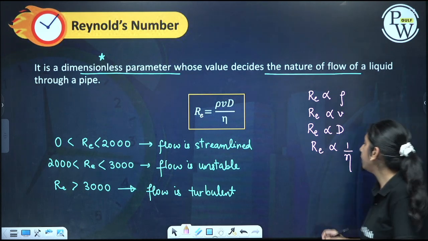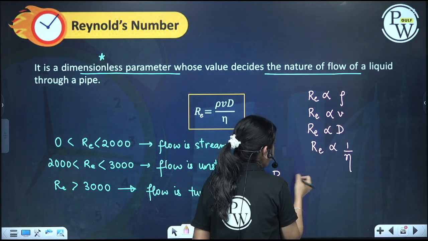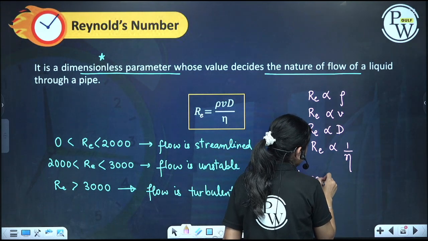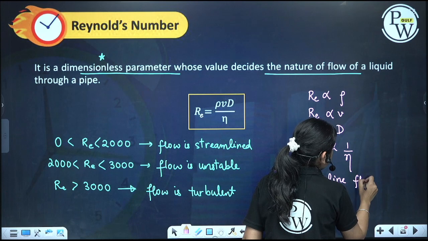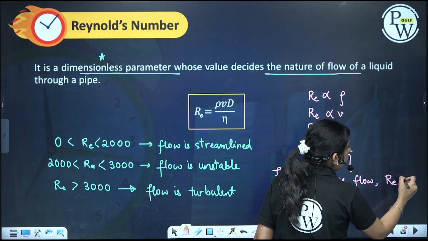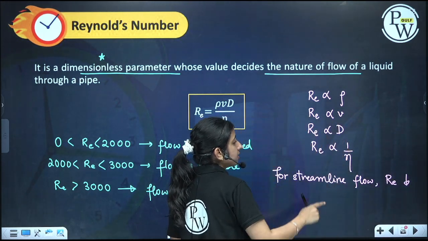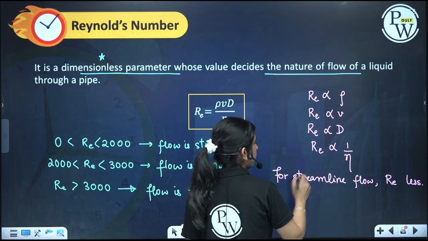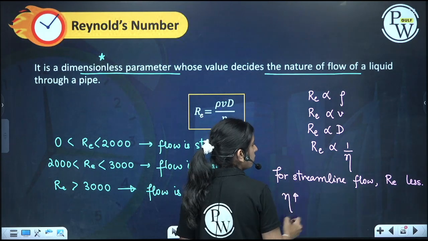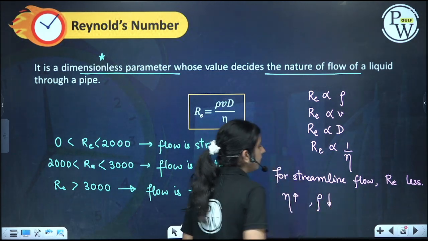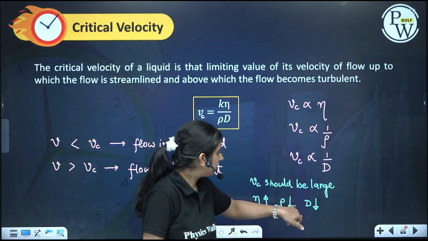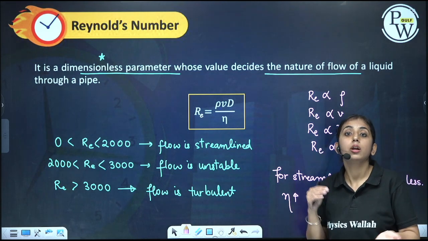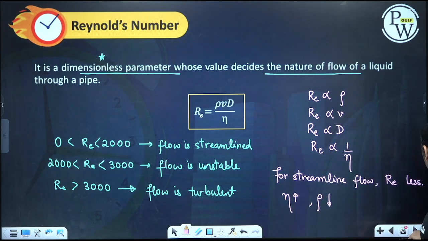For streamline flow, the Reynolds number should be less. If it is less, then eta should be large and density should be less. The same case: high viscosity, low density.